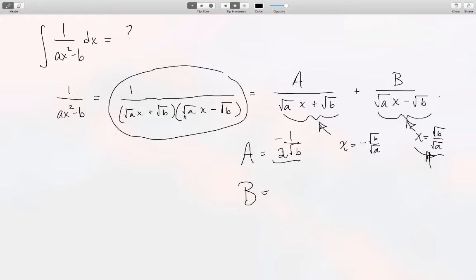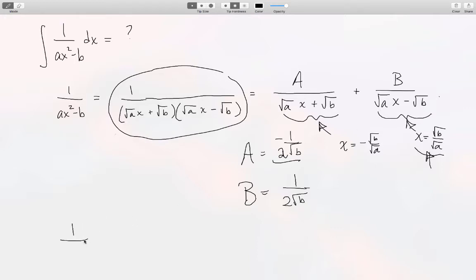When I plug it in I'm going to get that guy 0, but I cover that up and I see that the root a cancels and I get root b plus root b, so that's 1 over 2 root b. I'm sounding like root beer, but it's root b. Okay, now the partial fractions are done.